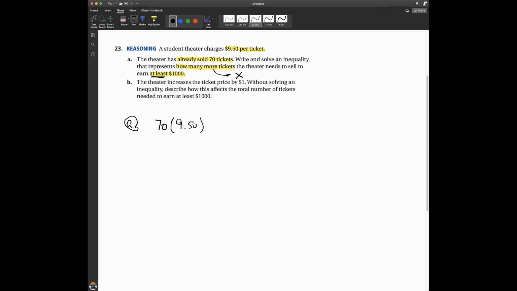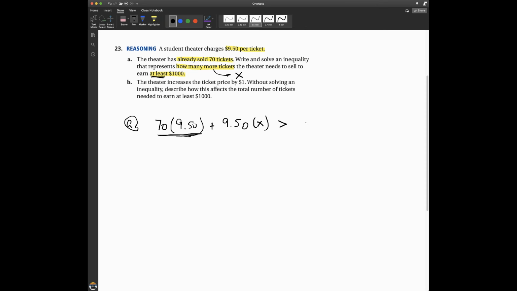And I need to figure out how many more tickets. Each ticket costs $9.50, so I need to multiply that by x. So 9.5 times x plus, and this will give me the amount of money that I have already earned, has to be at least $1,000.